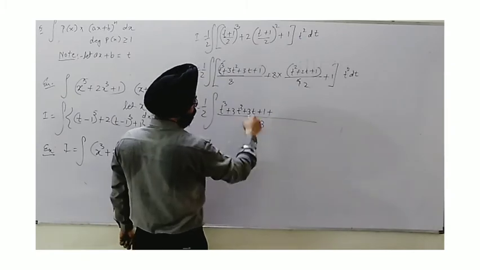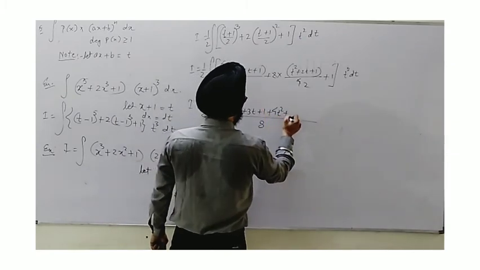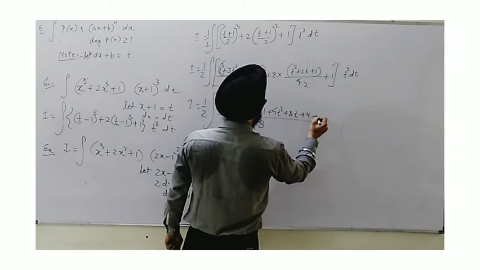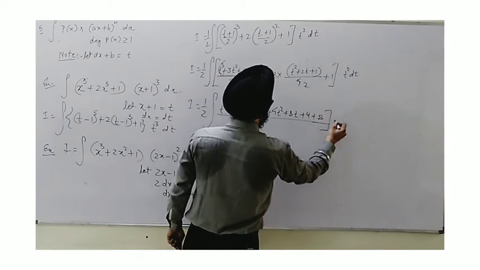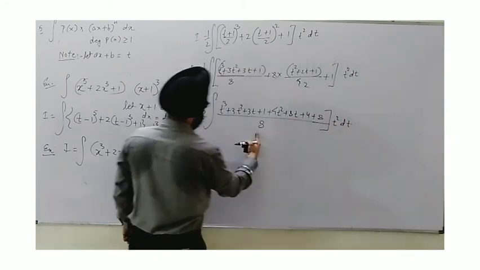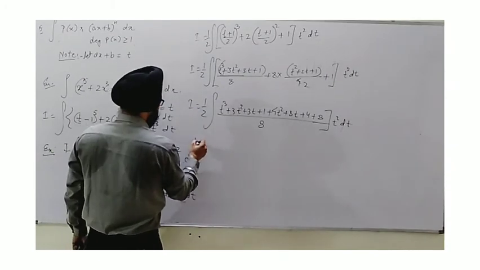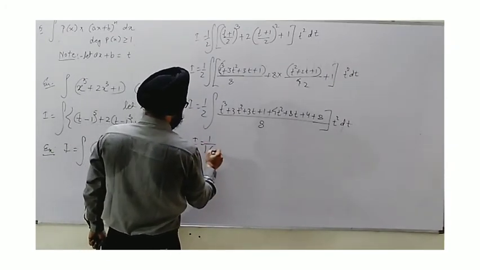Now 2 fours are 8, so we get 4t square plus 4, and 2 fours are 8, so 4 plus 8, and t cube outside. This 8 can now be combined with 1 by 2, getting I equal to 1 by 16.